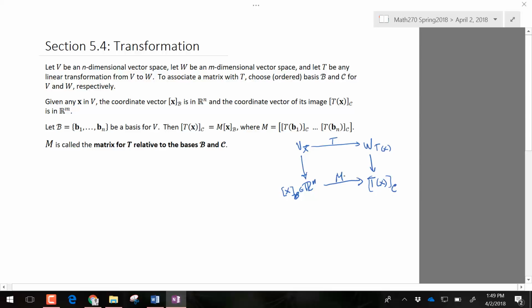So the matrix M that they're talking about here is a matrix relative to T that transforms from one space here in Rn to another space here in Rm.